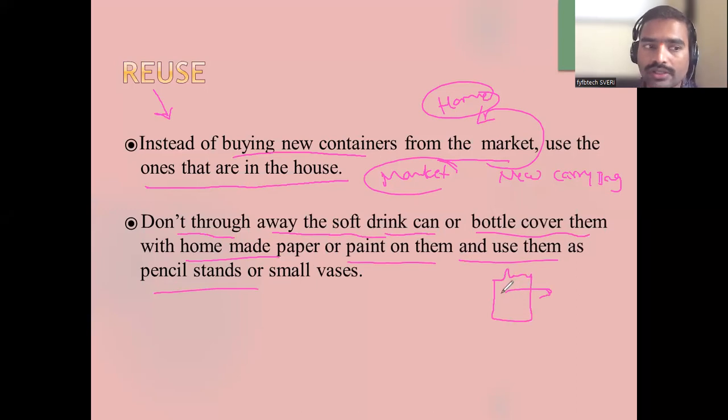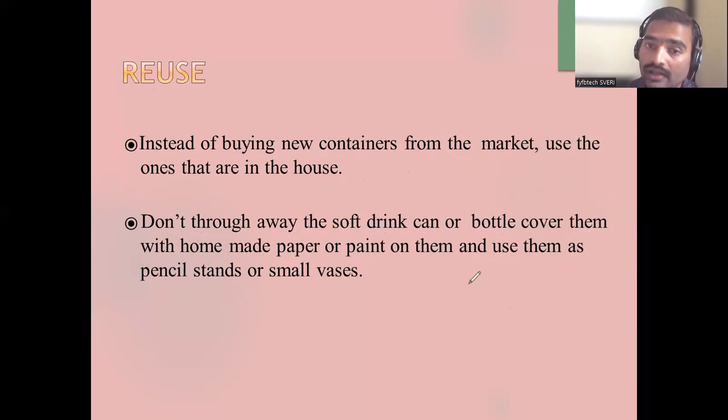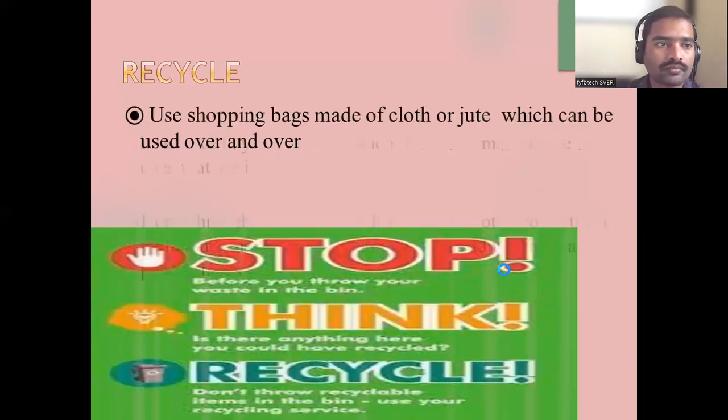You have to reuse it: paint over it and use it as a pen stand, pencil stand, or small vase. First you should reduce, then reuse, then recycle. Use shopping bags made of cloth or jute, which can be used over and over.